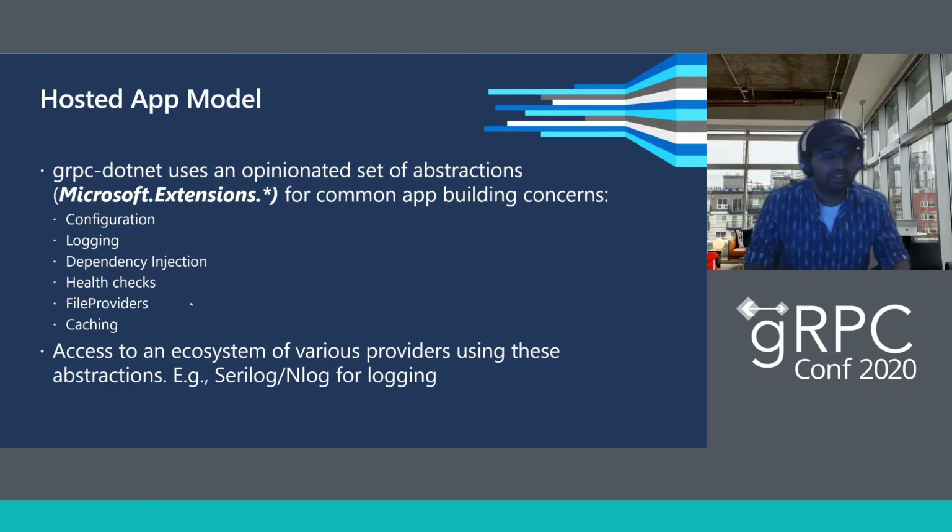So if we look at logging, both of the most popular logging libraries in .NET, Serilog and NLog, build upon these common abstractions. So in the gRPC hosted app model, you're able to make use of these libraries. And in addition to the previously mentioned concerns, we also have things like health checks, file providers, caching. For all these things, we can use the ecosystem of libraries available.